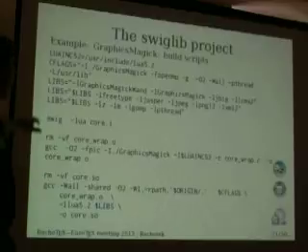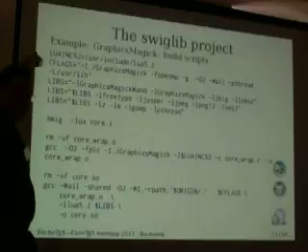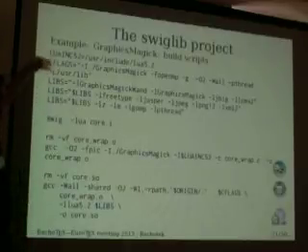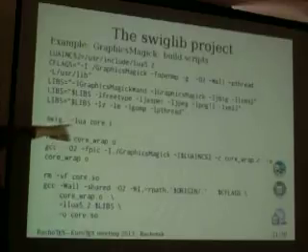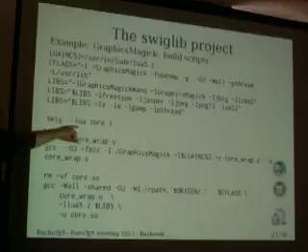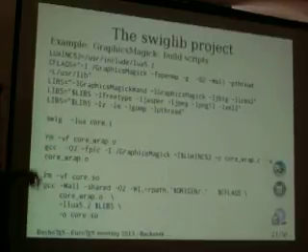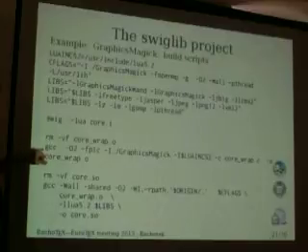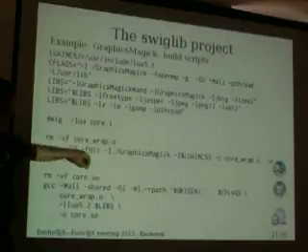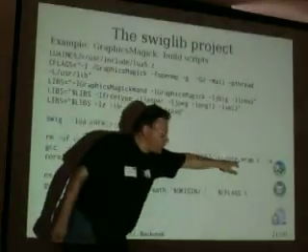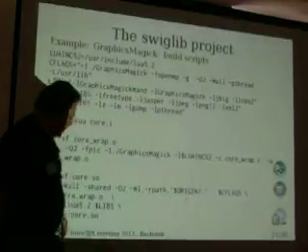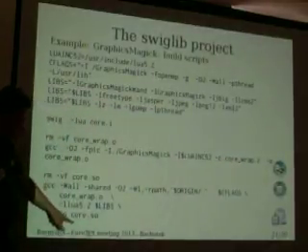Okay, this is how I build the shared object. With this line, I tell Swig to build a Lua interface file from the core file. I compile the file. This is the source of the wrapper, and this is the shared object.